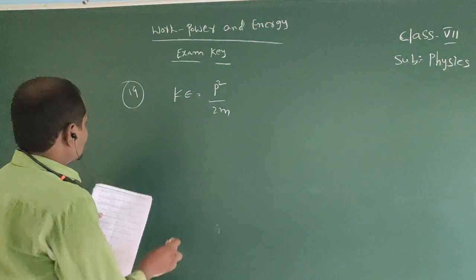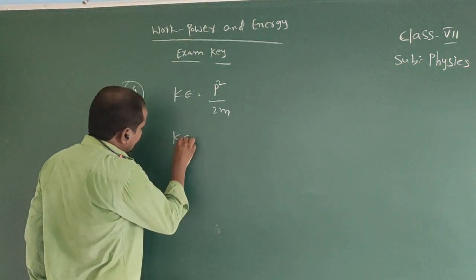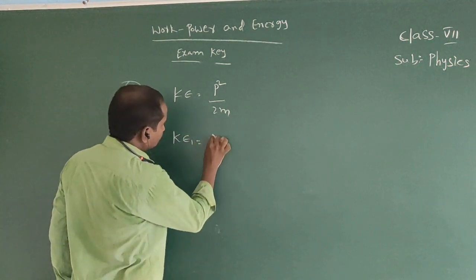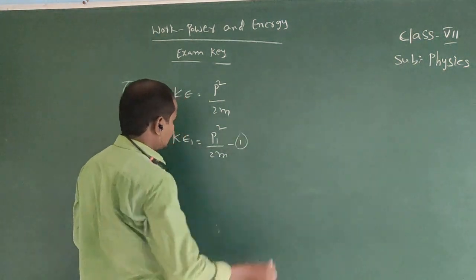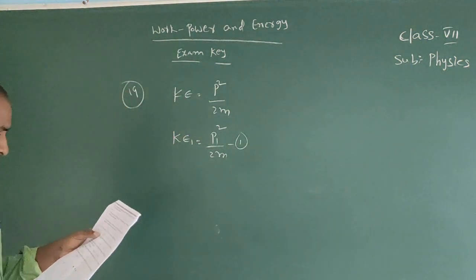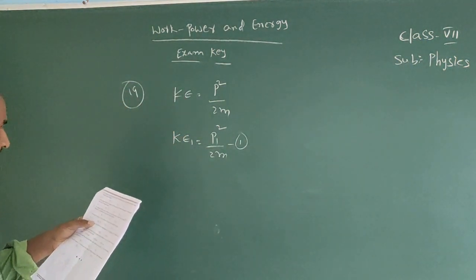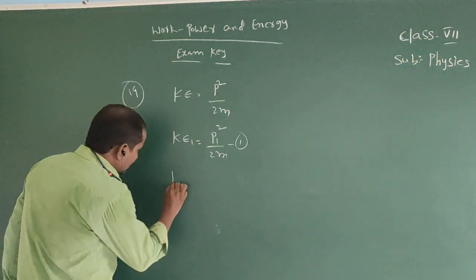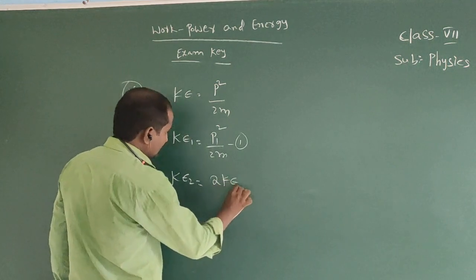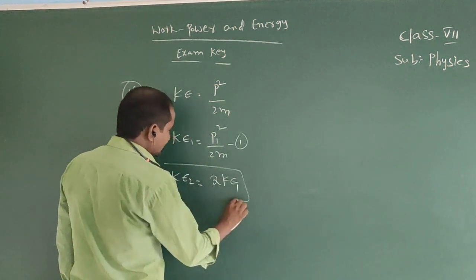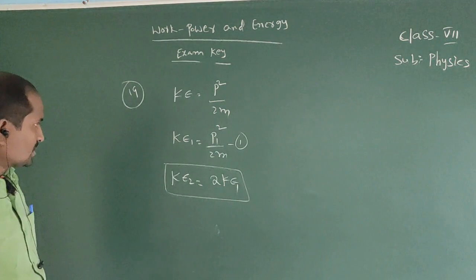So here KE1 equals P1 square by 2m, equation number 1. Next case, kinetic energy is doubled, means KE2 equals 2 KE1.